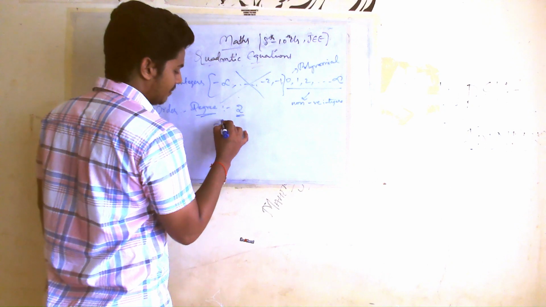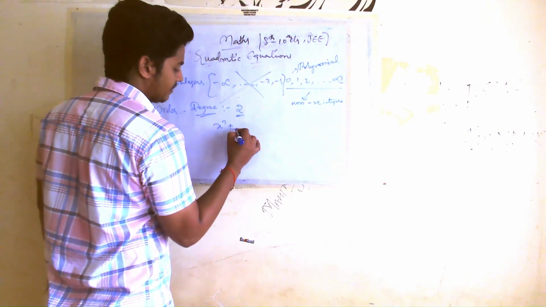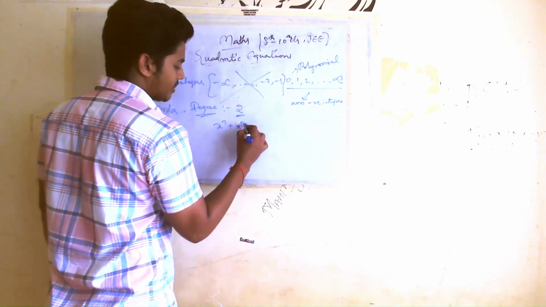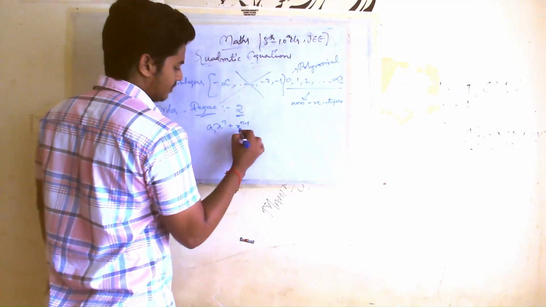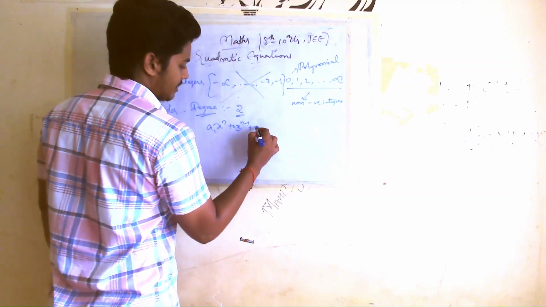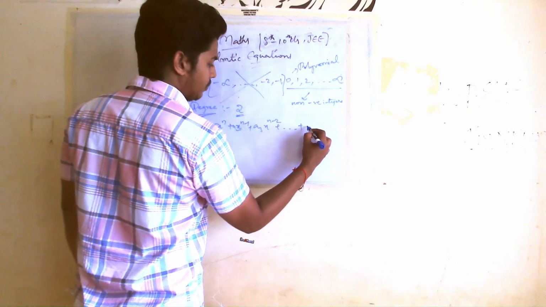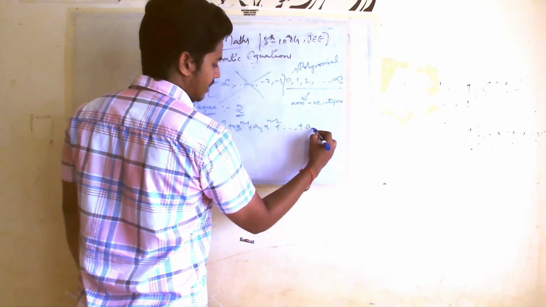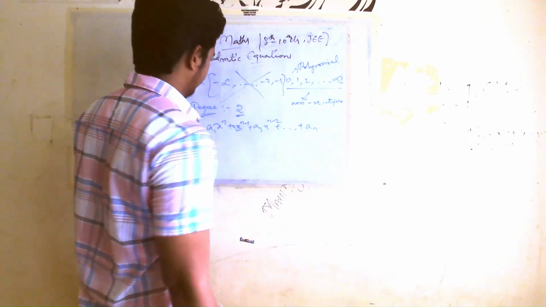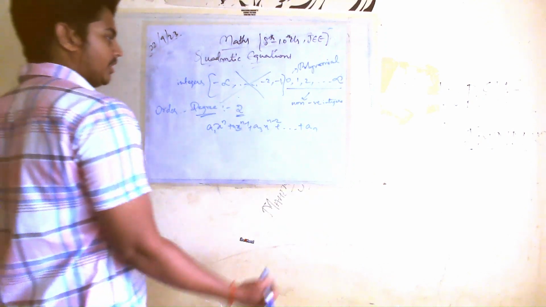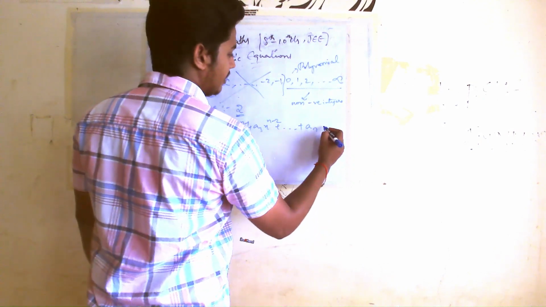Let the polynomial equation be a1 x power n plus a2 x power n minus 1 plus a3 x power n minus 2 plus so on up to an, which is x power 0, is equal to 0.